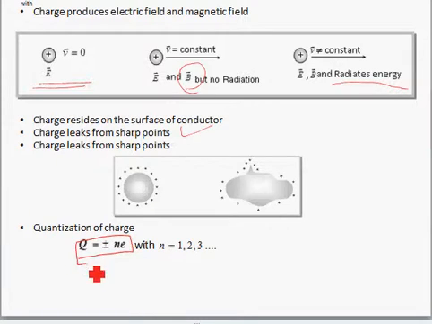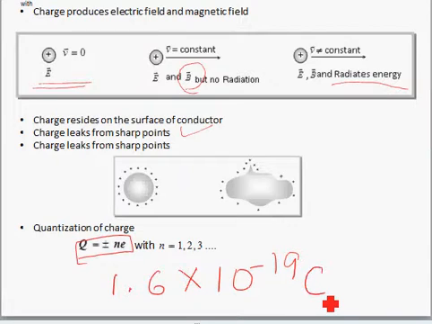We know that the charge of an electron is 1.6 into 10 to the power minus 19 coulomb. Now this is the minimum charge possible in nature. You cannot have half of 1.6 into 10 to the minus 19 coulomb or 2.5 of 1.6 into 10 to the minus 19 coulomb, because the electron is the smallest body which can possess charge, and whenever an object gains charge, it gains in the number of electrons.